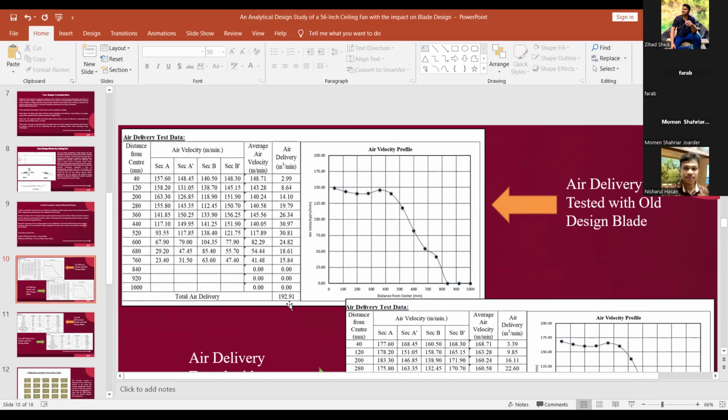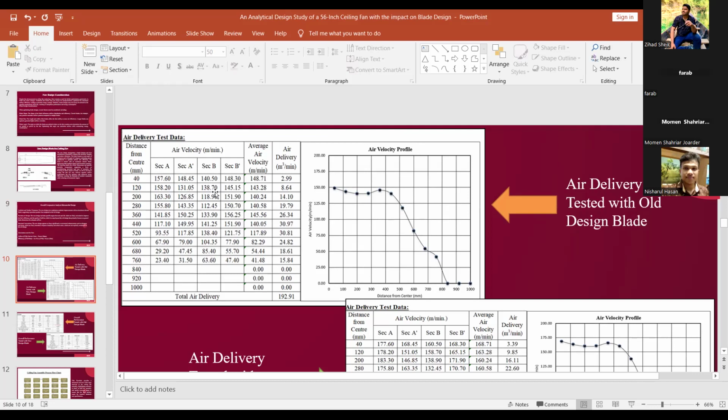So in the next slide you can see the air delivery. What we do is set up section A, section A prime, section B, and so on, which is just the x-axis, y-axis, z-axis and z prime axis like that. Each value there is set, and here is the distance. You can see 40 mm up to 1000 mm, but we calculated 760 mm.